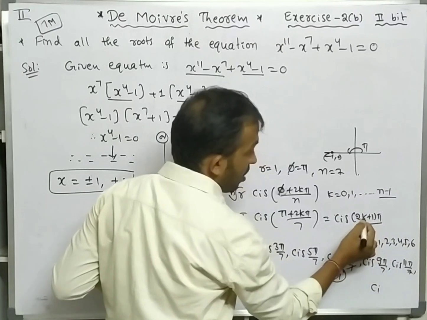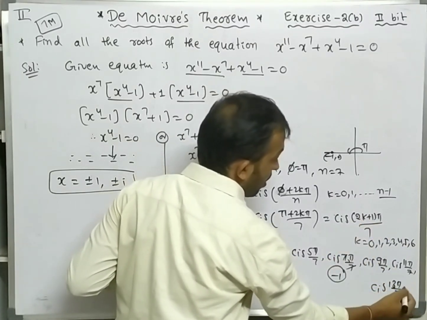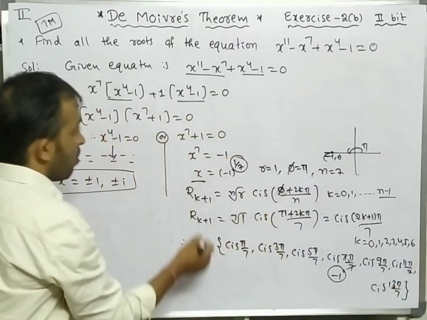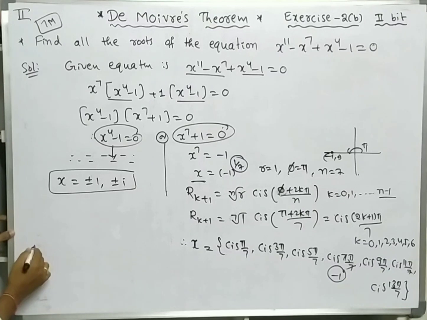Finally, if we substitute 6, 2 into 6 is 12 plus 1, 13 pi by 7. So these are the solutions of this equation, and those are the solutions of the other equation.